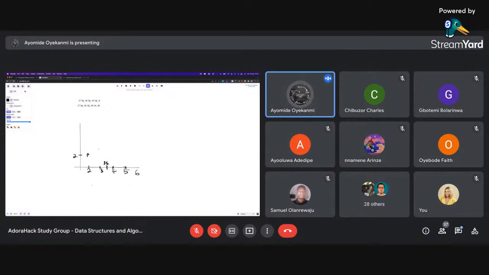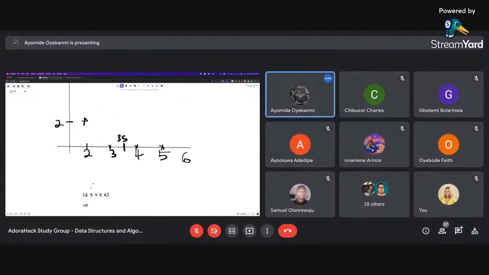So if we did mid of, let's say we had this in an array, right? So we had 2, 3, 4, 5, 6 in an array. To get the midpoint of this, what would we do? There's this thing where you can do int mid.